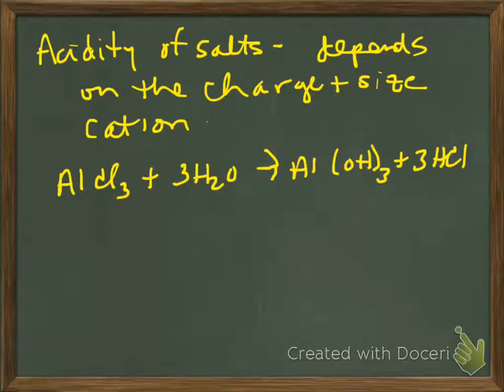Now, the aluminum ion, Al 3+, is small and highly charged, with high charge density.